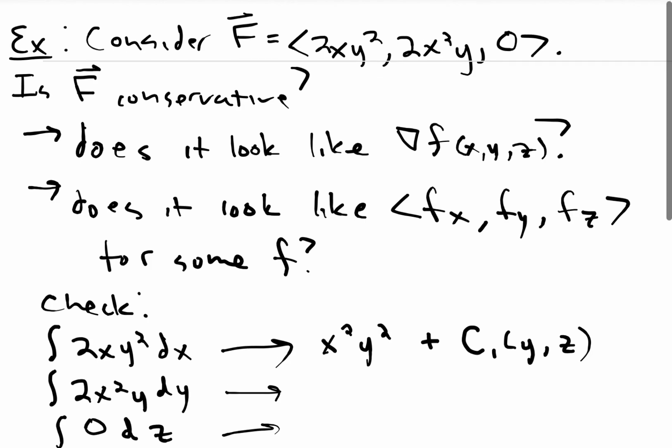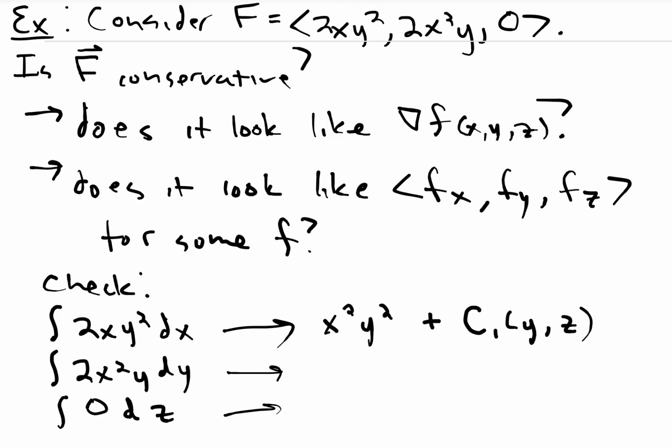If you go to take this antiderivative with respect to y, my antiderivative there, again, I'll also get x squared y, but in this particular case, y was my variable, so that means that here x and z are going to be constants. Okay, and then this last one, this is maybe a little strange here because I'm integrating 0.